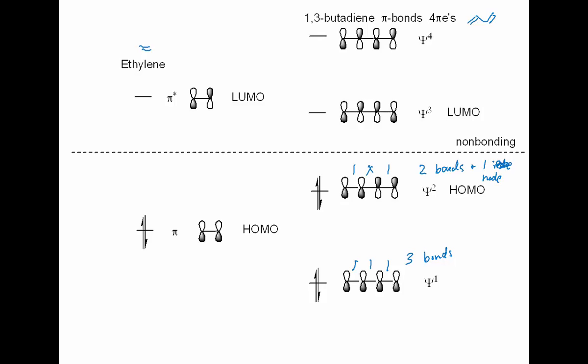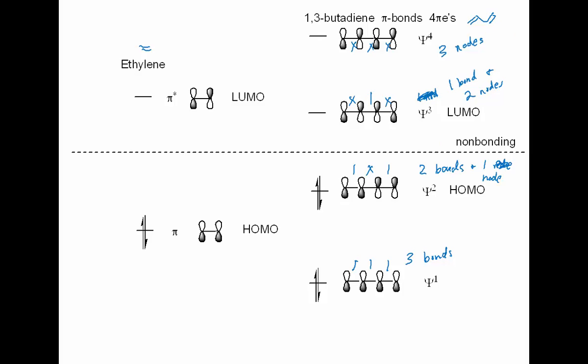Here we have a node, a node and a bond, so we have one bond and two nodes. And here we have nothing but nodes. Okay, completely anti-bonding all the way through, and that is our highest energy orbital of all.